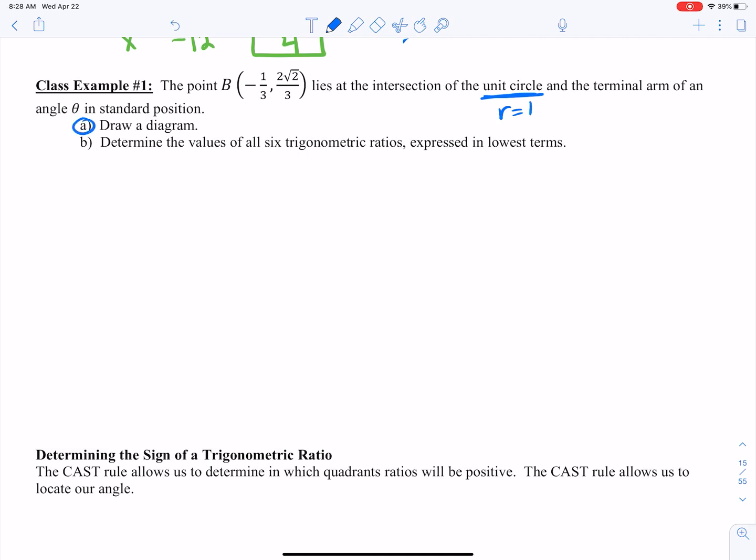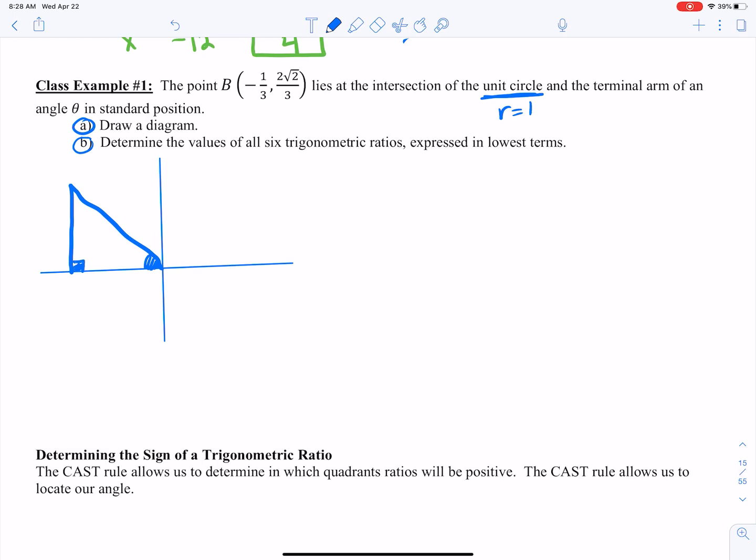I'm going to draw it for you, and I'm going to let you go ahead and do the values of all 6 trig ratios. Again, we have a quadrant 2 angle here because x is negative and y is positive. So my triangle is going to end up here.